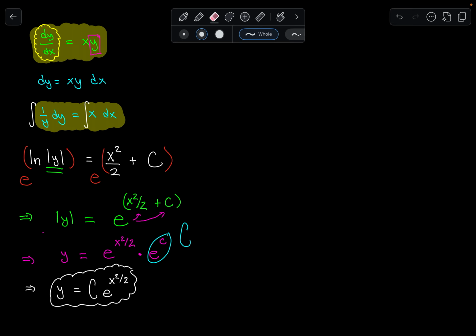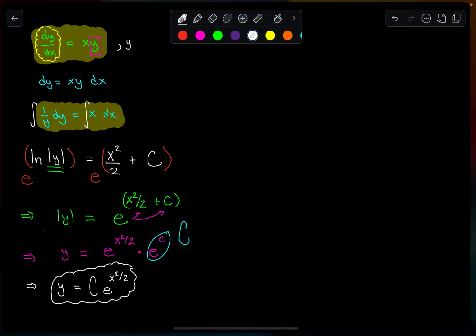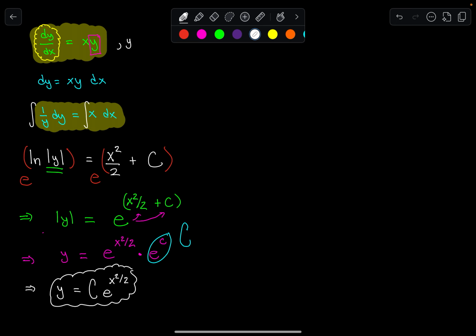So if the start of this problem had said, solve the differential equation dy/dx is equal to x times y, but let's say we were given some sort of initial condition. Let's say this is a differential equation that has to do with the weather, where y is the temperature, and x is, I don't know, what day it is.